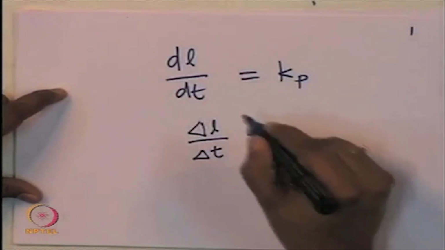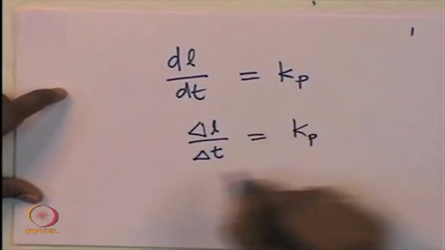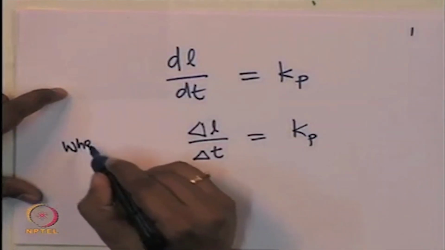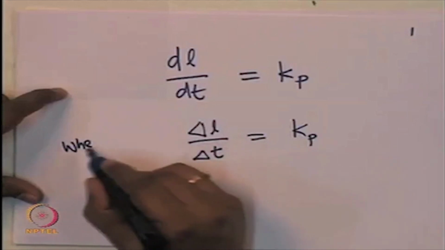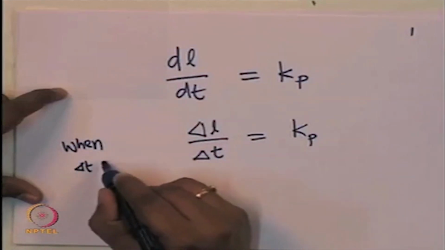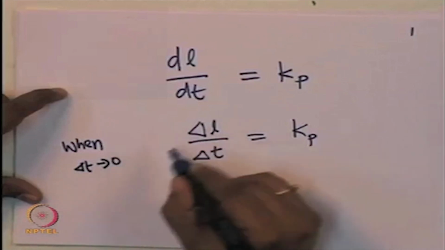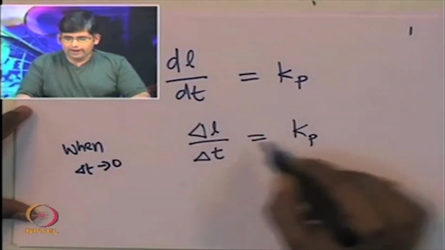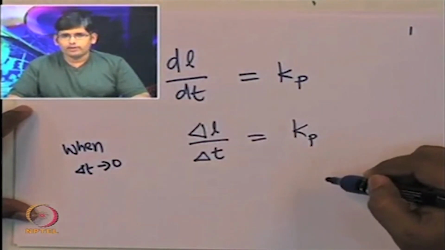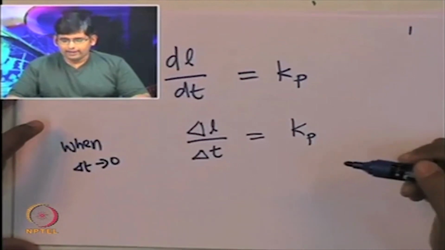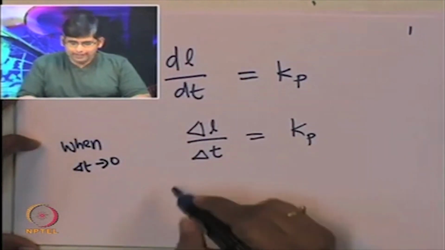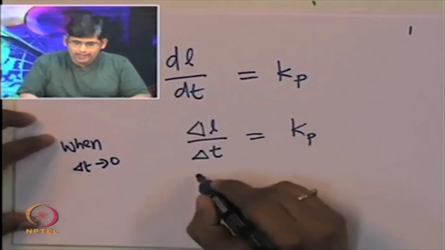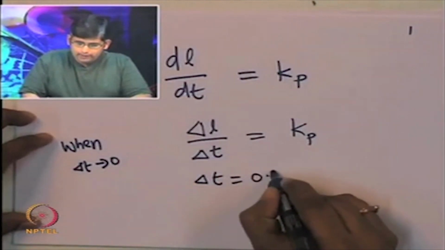So, when delta t is very small, we can write the equation in this particular way. Now let us say that delta t is very small, a fraction of a second. Let us say delta t is 0.1 second.